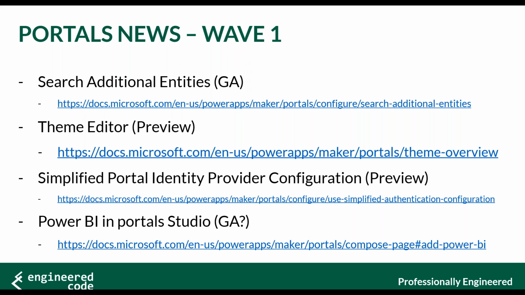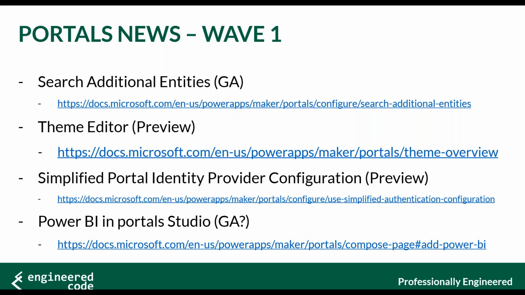Another feature that's in preview, so you do have to go to make.preview.powerapps.com to see it, is the theming. Before, what you could do is upload a complete Bootstrap theme to update the colors and the fonts and all that sort of stuff. And again, that is completely supported still. But what they've introduced is a basic theme editor that doesn't require you to upload a new file or anything like that.